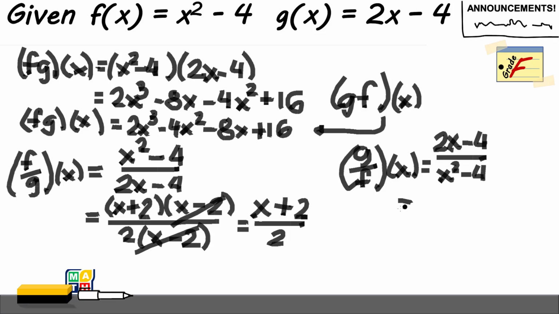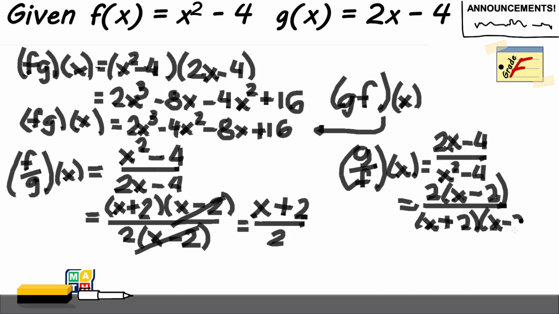So we use the same factors earlier, 2 times x minus 2 all over x plus 2 times x minus 2. We can cancel this, leaving the result to be 2 over x plus 2.